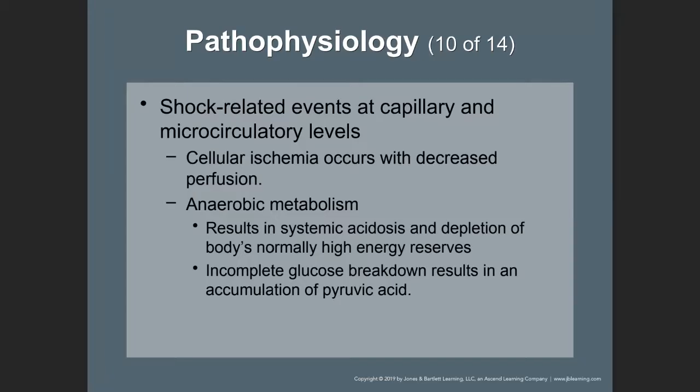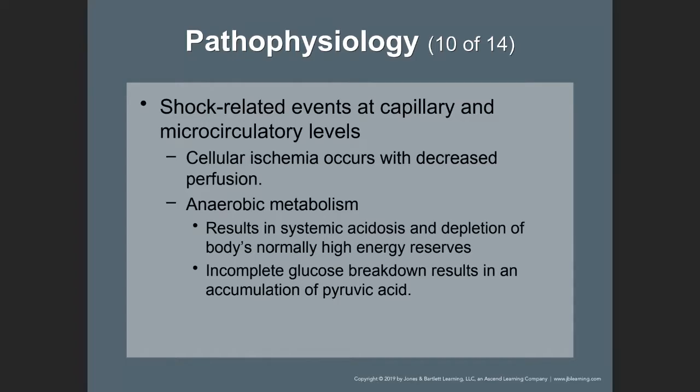Shock-related events at the capillary and microcirculatory levels. There will be cellular ischemia, and this occurs with decreased perfusion. There will be anaerobic metabolism, which results in systemic acidosis and depletion of the body's normally high energy reserves.